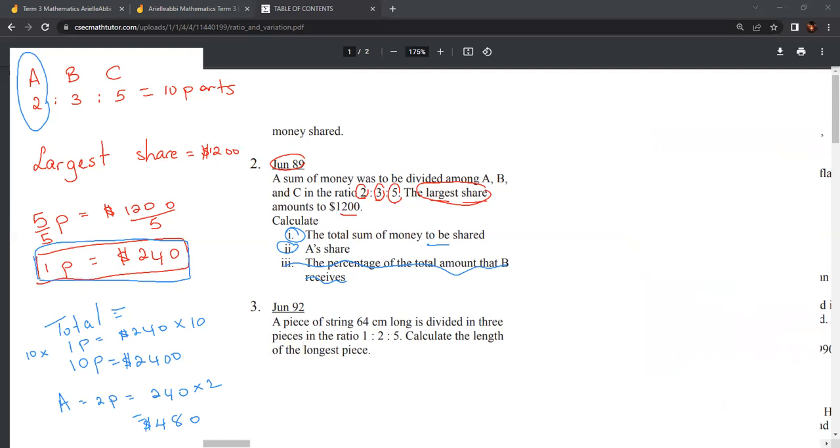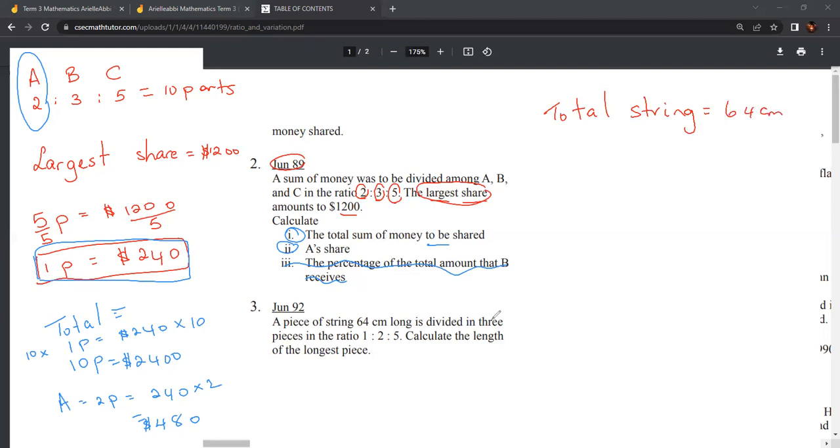Let's look at this one here. A piece of string 64 centimeters long. That's the entire string, so that's the total piece. So your total string is going to be 64 centimeters.